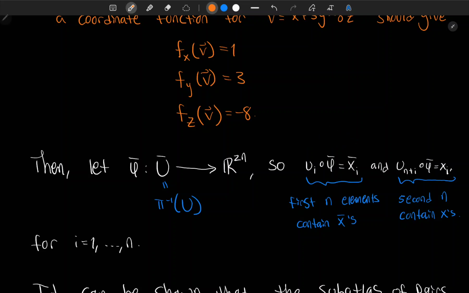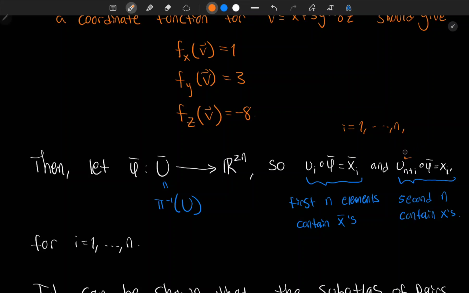But because we're mapping to R^2n, we have to consider the second n elements. So the second n elements, again, if i is equal to 1 all the way up to n, then u sub n plus i gives us the second n components.